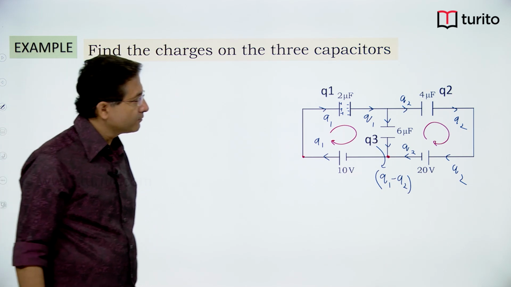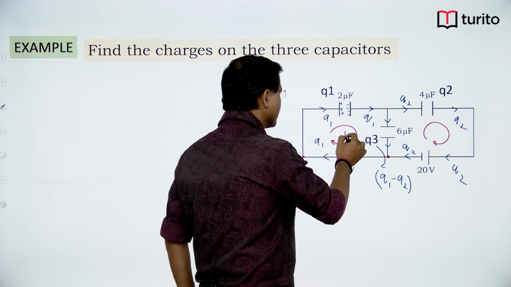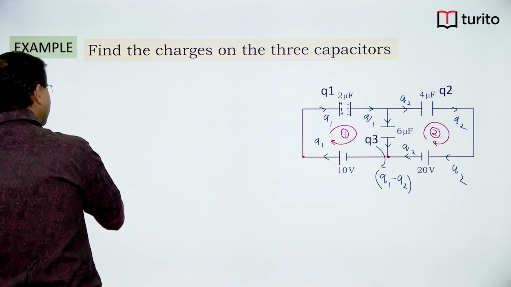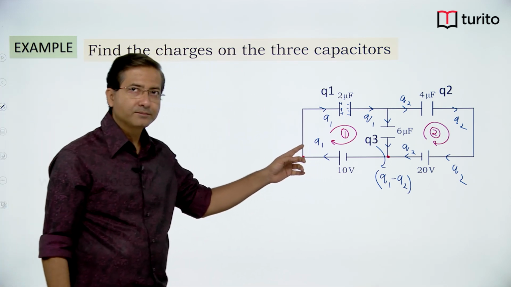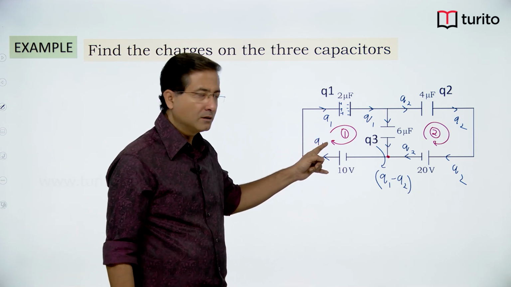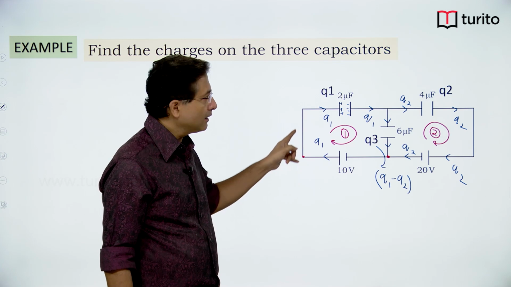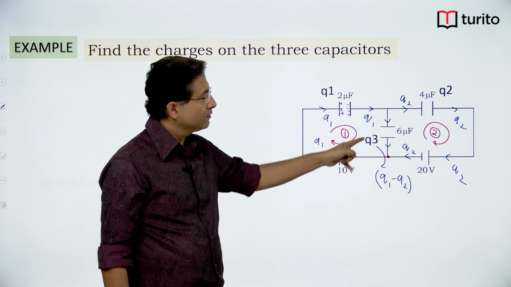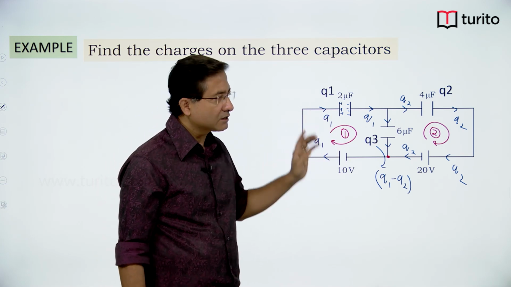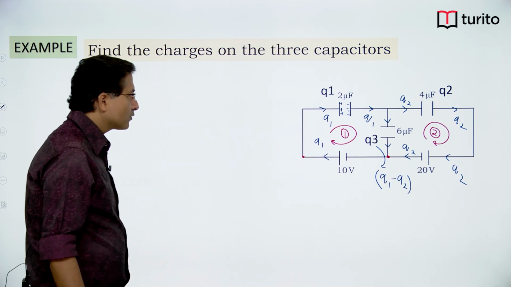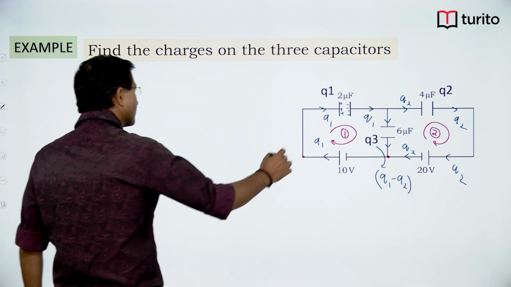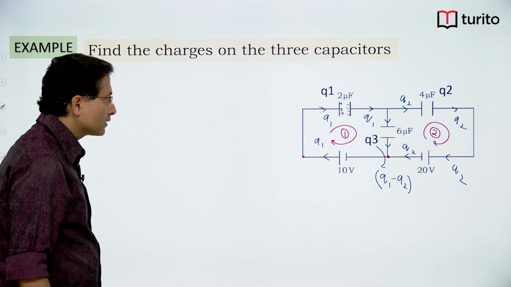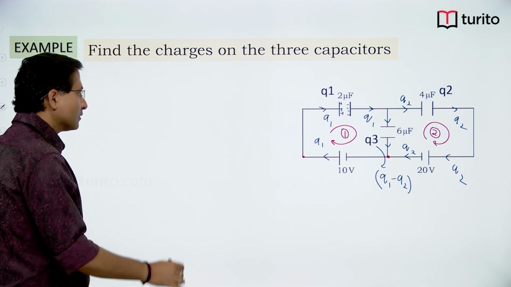Now, let us start writing. So, for loop number 1, you are starting from this point and moving through this loop, you can see 3 elements, right. So, let us write for this element first. As I am moving from positive plate to negative plate, decrement is taken with positive sign.